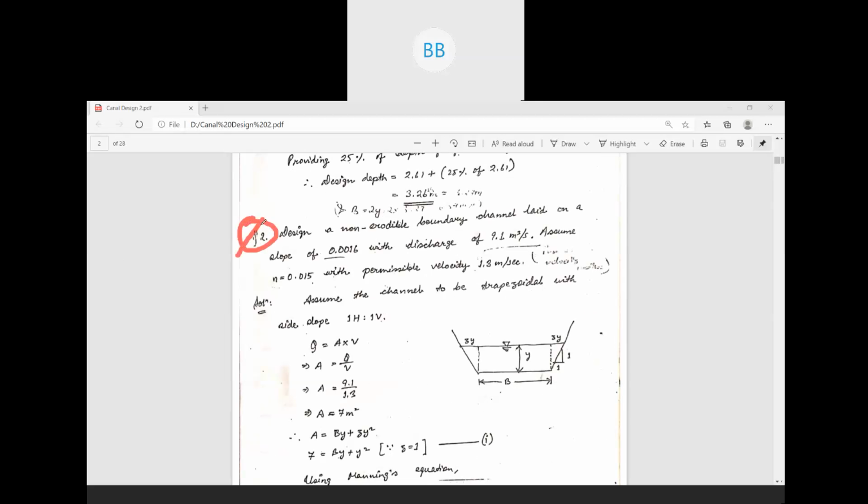Design a non-erodible boundary channel laid on a slope of 0.0016 with a discharge of 9.1 meter cube per second. Assume n is equal to 0.15 with the permissible velocity 1.3 meter per second.